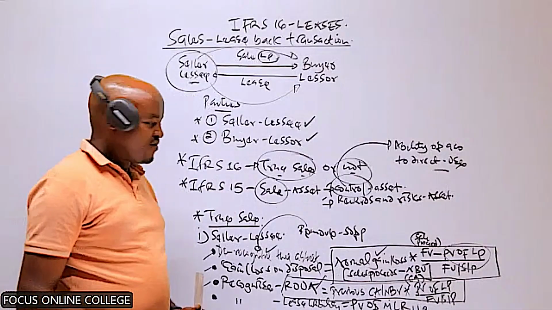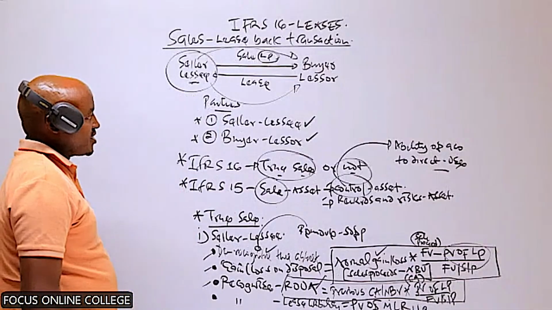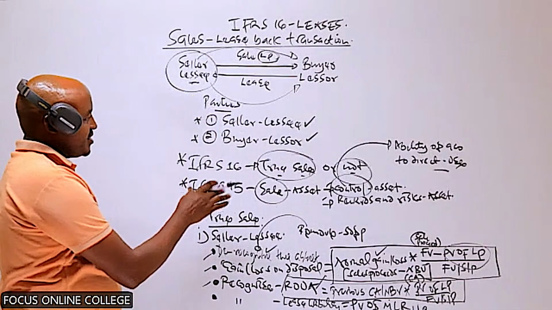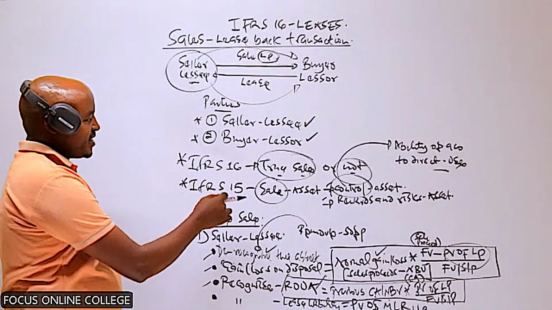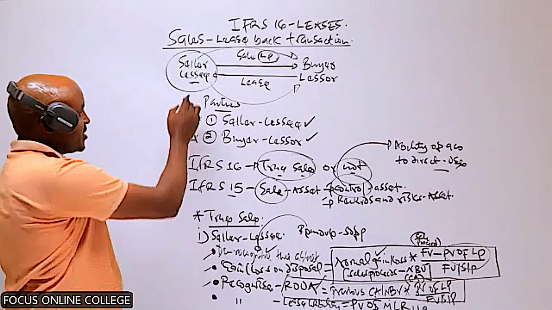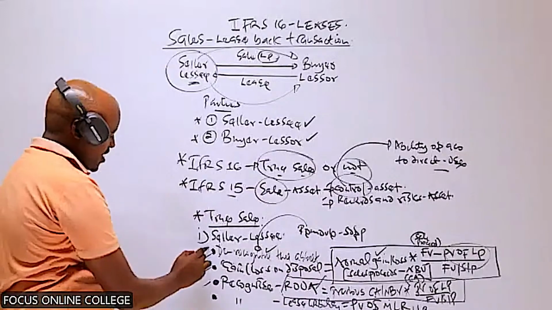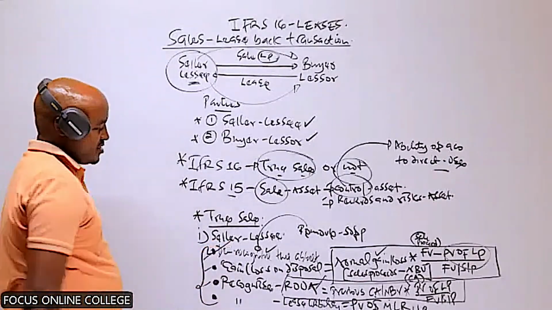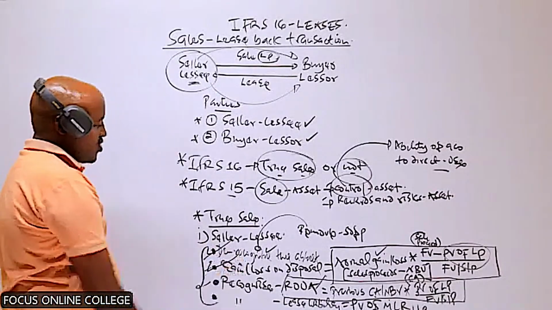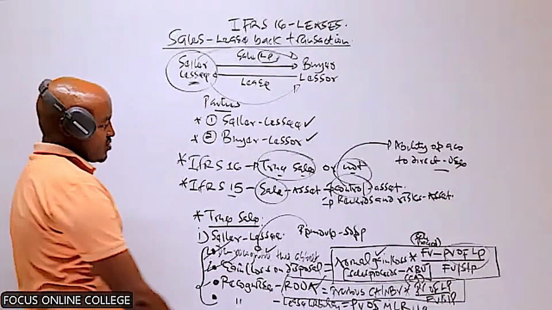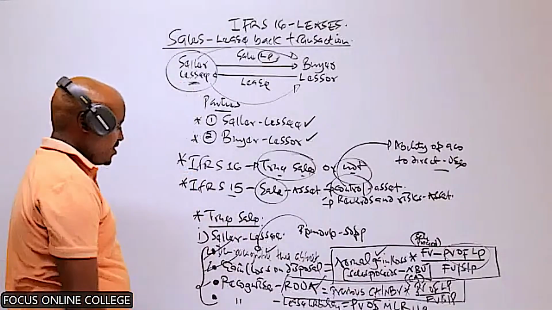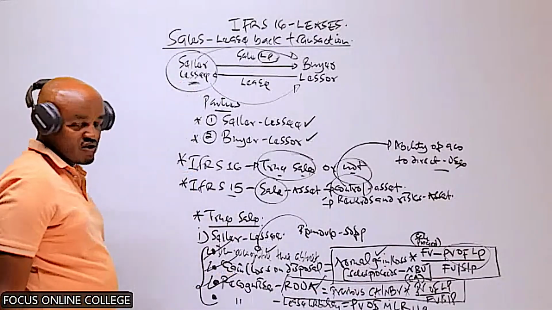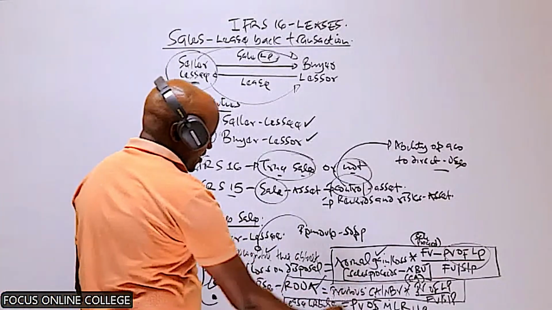So in case this particular transaction is a true sale, it meets the two criteria specified under IFRS 15. Then this particular company will do four things. One, they derecognize the asset. Number two, recognize the gain or loss on disposal, which is computed using that formula. Number three, recognize the right of use asset, which is computed using that formula.